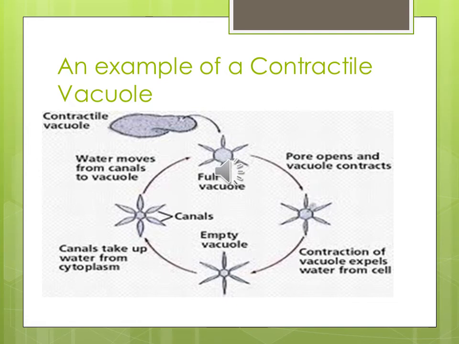Finally, the last stage, called the systole stage, occurs. In this stage, the pores of the canals open up and the water from the inside of the vacuole storage is expelled into the exterior of the cell through active transport.